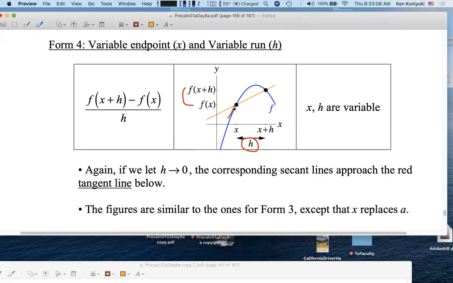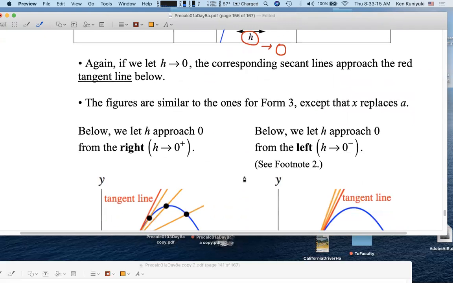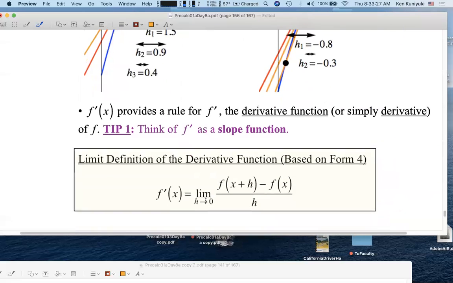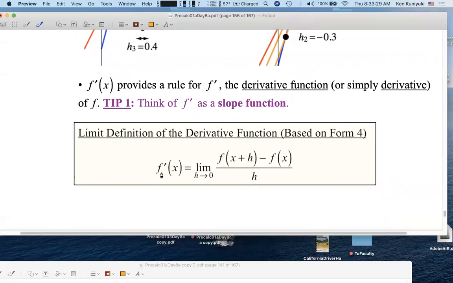To get the slope of the tangent line, we take the limit as h approaches 0. So h values could be positive, h values could be negative, but either way, they're approaching 0. The run. F prime of x, the derivative at x in general, is the limit of this difference quotient as h approaches 0.